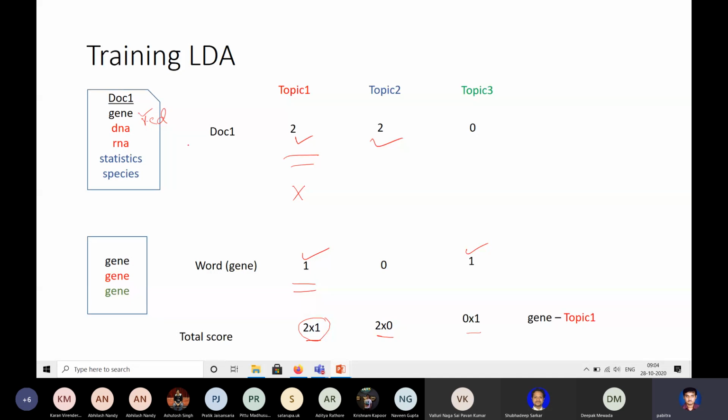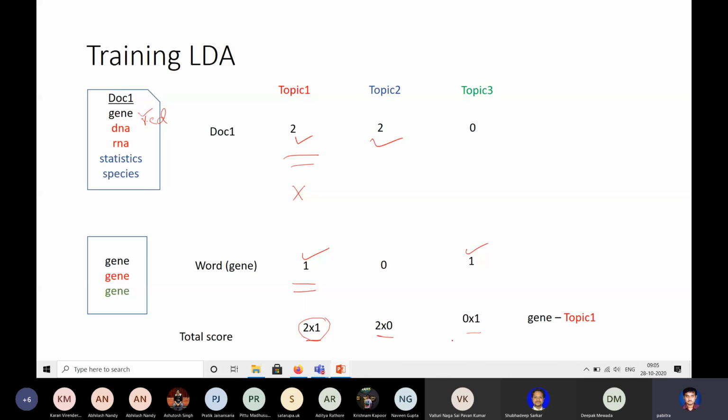The proportion of different topics in this document except for this word is 2, 0. Similarly, the proportion of topics for this word across the corpus, except for this particular instance, is 1, 0, 1. We multiply these two scores, the doc score and the word score, and get the total score.